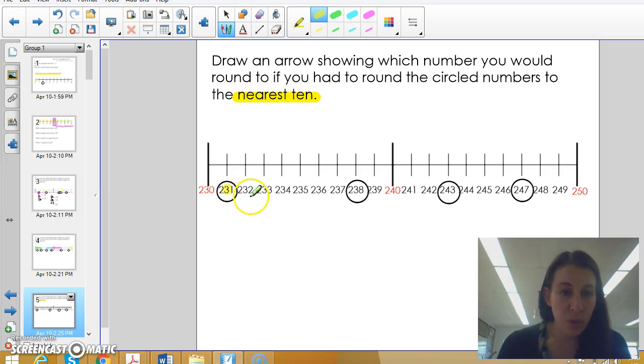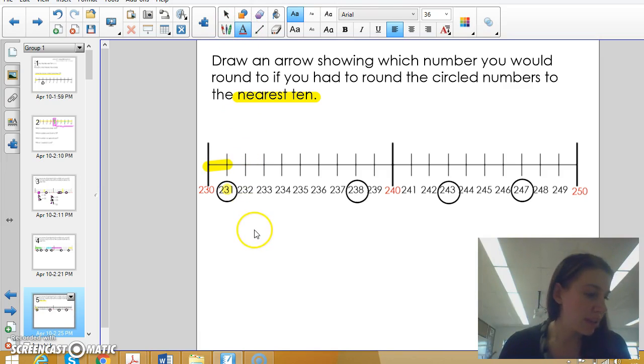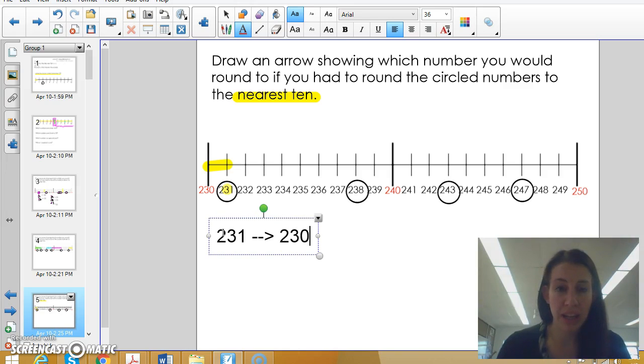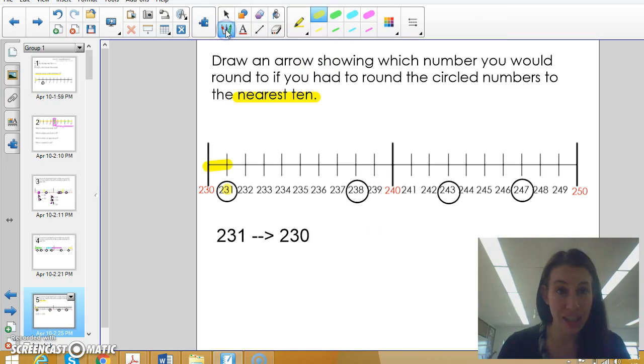So 231, is it closer to 230 or 240? It's pretty easy on the visual to see. 231 would round to 230. So if someone asked us to round 231 to the nearest 10, our answer would be 230 because we're looking at the tens digit.